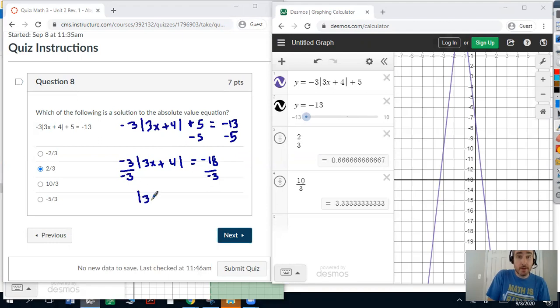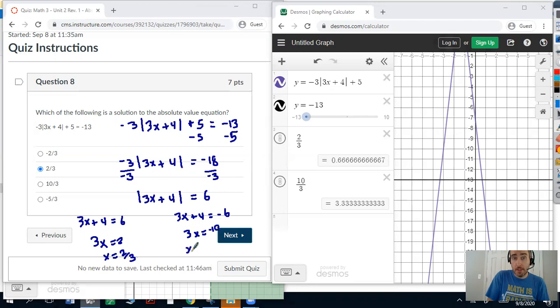So the absolute value of 3x plus 4 is equal to 6. And then we solve it the same way we did before. So we have 3x plus 4 equals 6, and 3x plus 4 equals -6. Take away 4 from both sides. 3x equals 2, and there's your 2/3. -6 minus 4 is -10, so there's your -10/3. And both of those give you solutions.